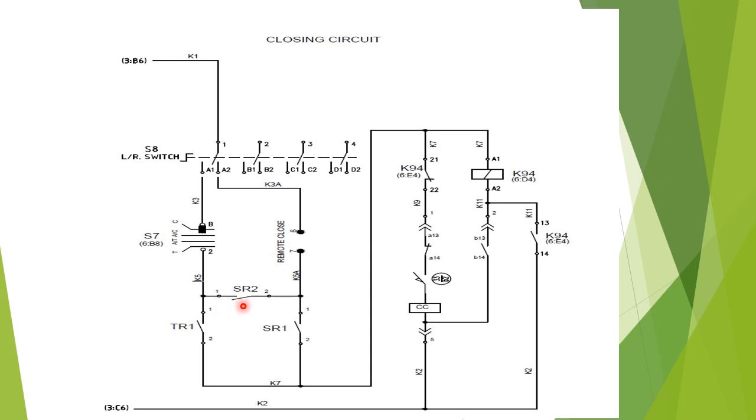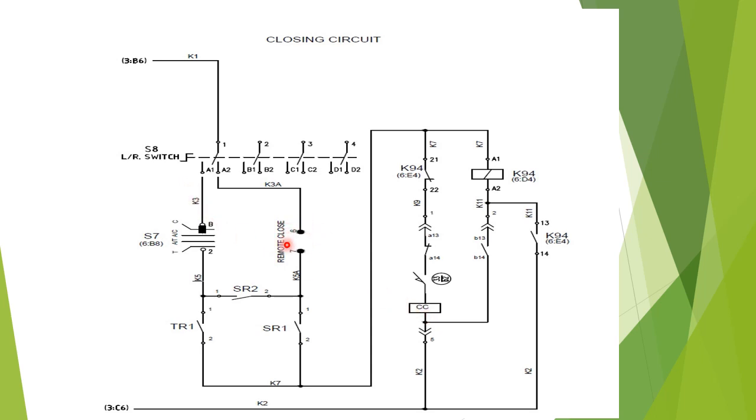The DC pulse will come through the SR2 SR1 contact, via the anti-pumping relay contact, through the breaker auxiliary contact and through the spring charge contact to the closing coil. The closing coil will be energized and the breaker will close. So this is how the VCB closing operation is done under local position.